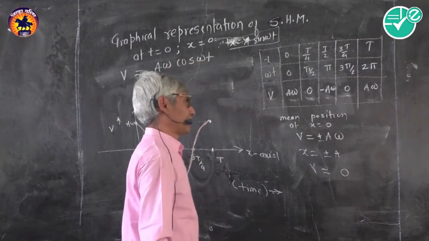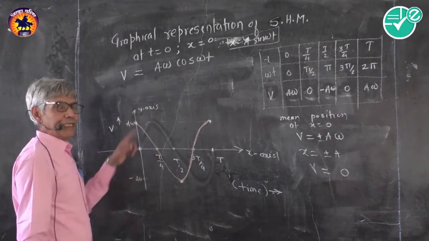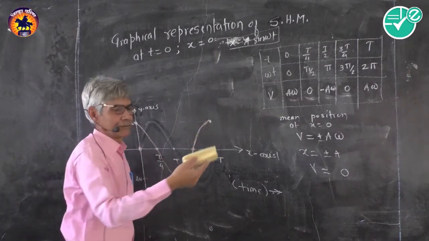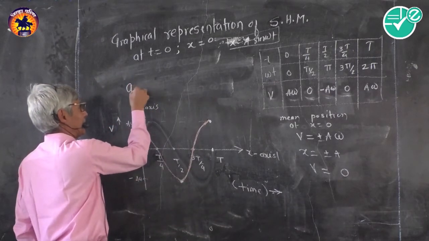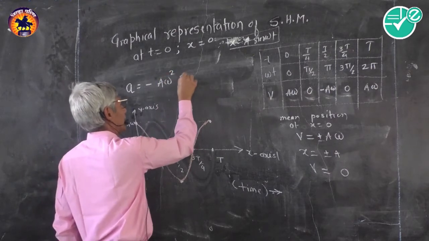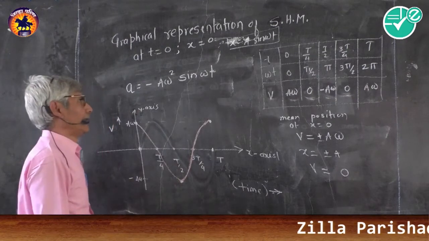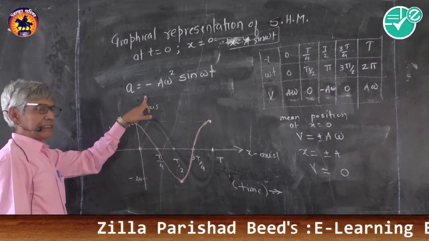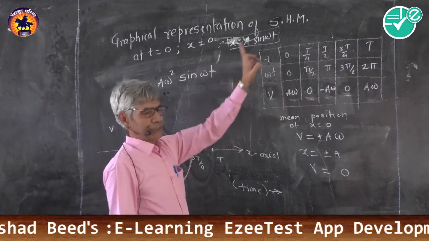The third graph, which shows the variation of the acceleration with respect to time, can be plotted by considering the equation for the acceleration a equal to minus a omega square sin omega t. When the particle starts from the mean position, the displacement x is represented by x equal to a sin omega t.